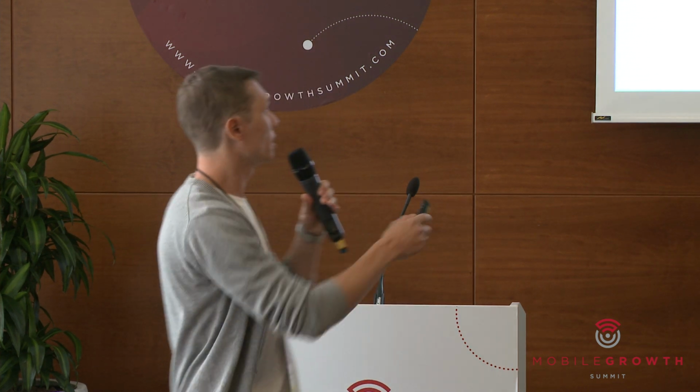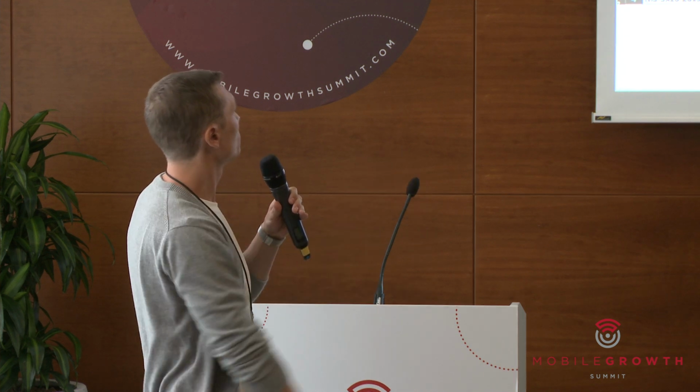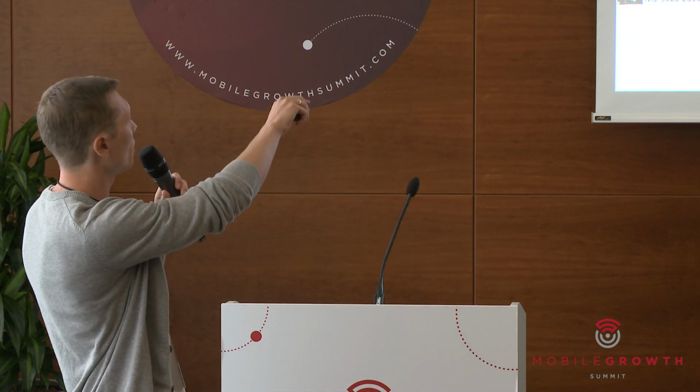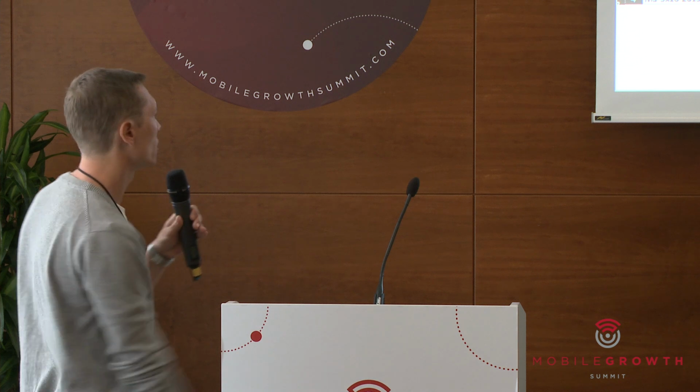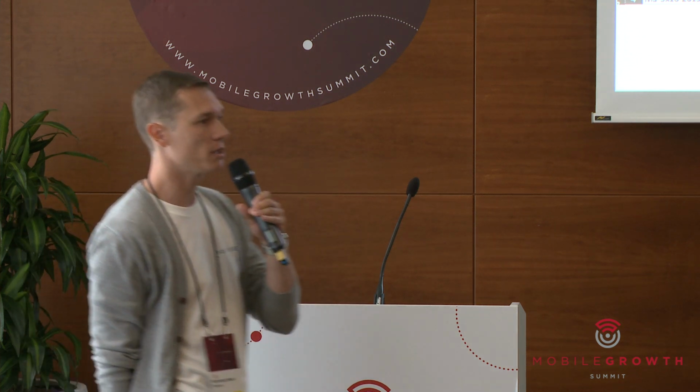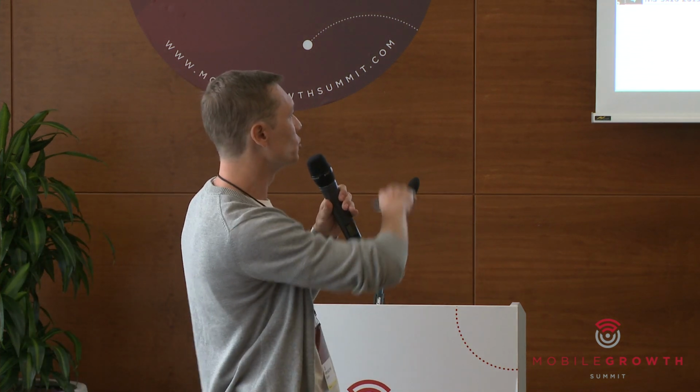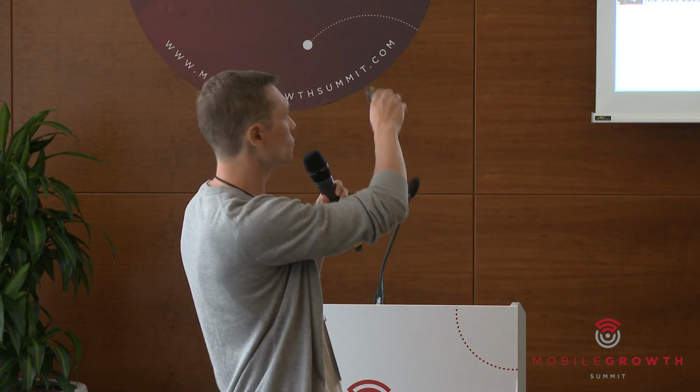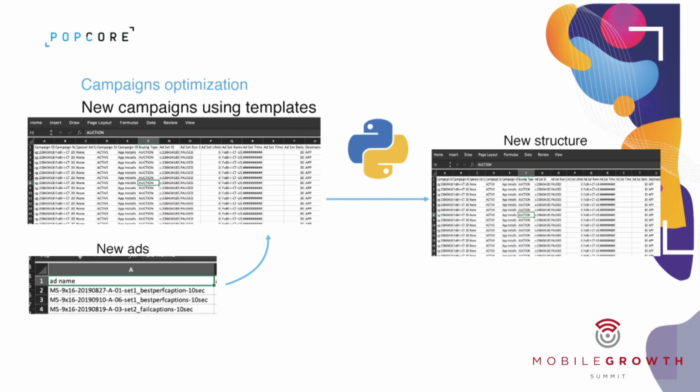Then you have two files. You run your script, let me picture it better. So you have your campaign structure from Facebook. You have a list of top performing creatives. The script will unite the two files in one. Now you have the old campaign structure with new creatives. And you just hit the button and upload this thing to Facebook.